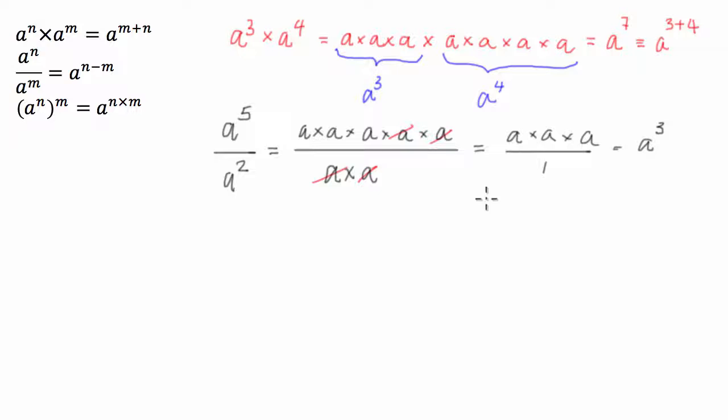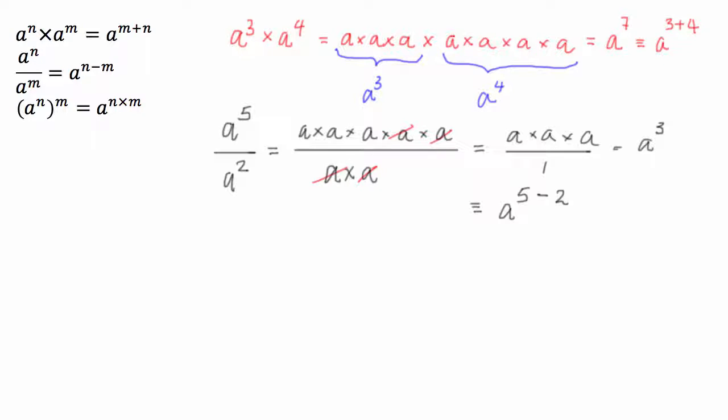So you can see that this is equivalent to a to the power of 5 subtract 2. That's why the division law works by subtracting the indices, because the subtraction takes into account these bases cancelling each other out.